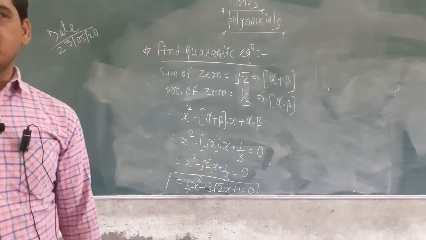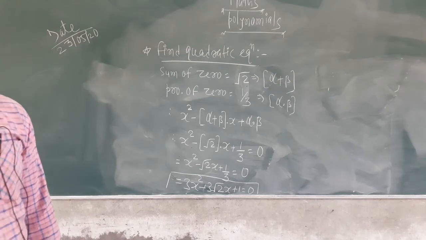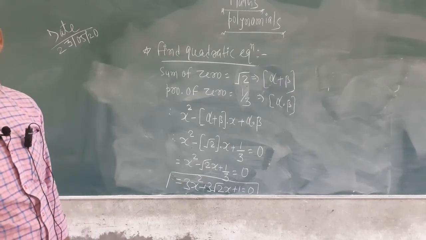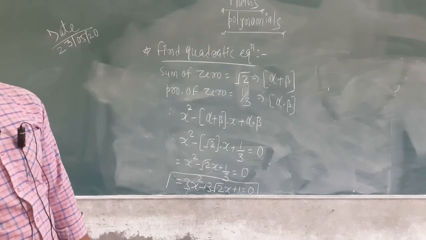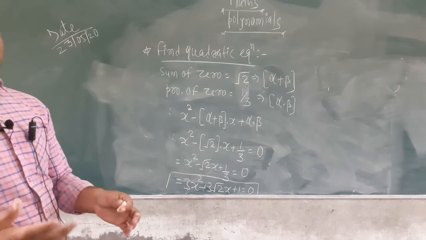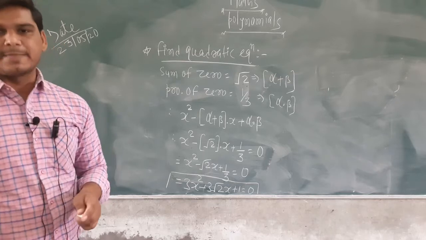So if the sum of zeros and product of zeros is given and we have to find the quadratic equation, we have to use this formula, right? That is using the polynomial concept.